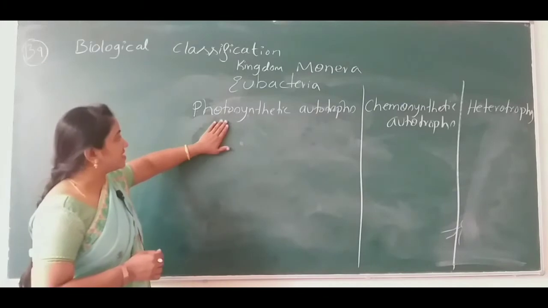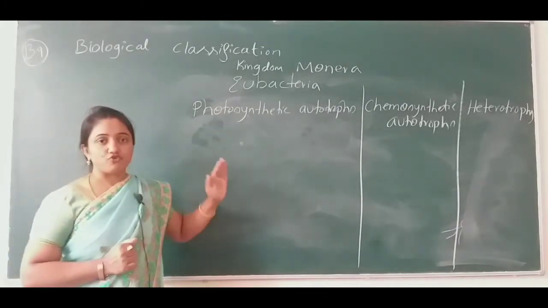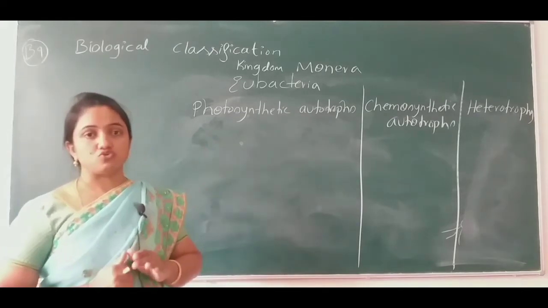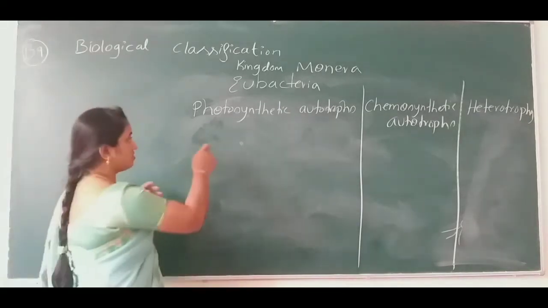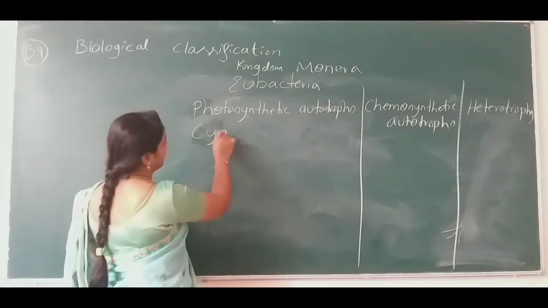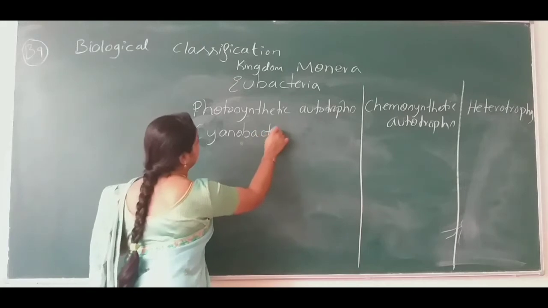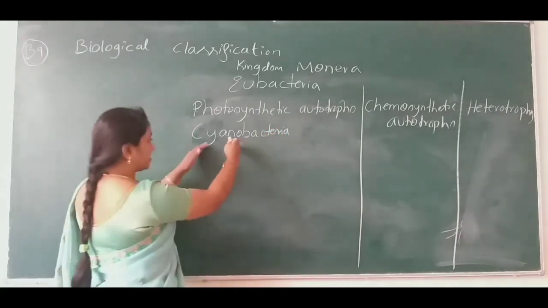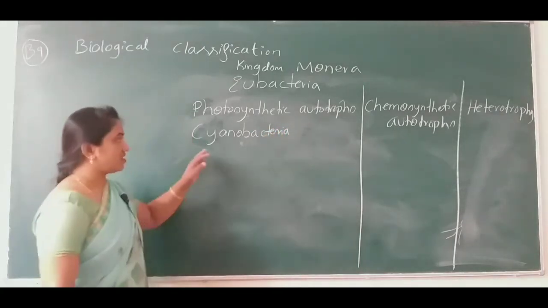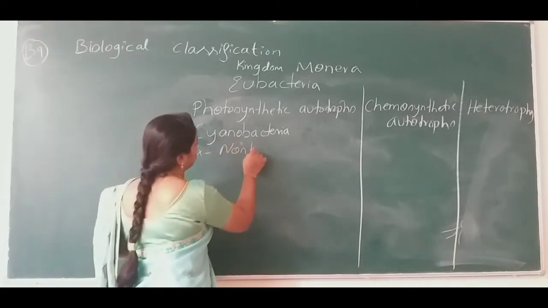Here some of the bacteria are also known as photosynthetic autotrophs. Why so? Let me tell you one example. Cyanobacteria. It again consists of a number of organisms. Example, Nostoc.